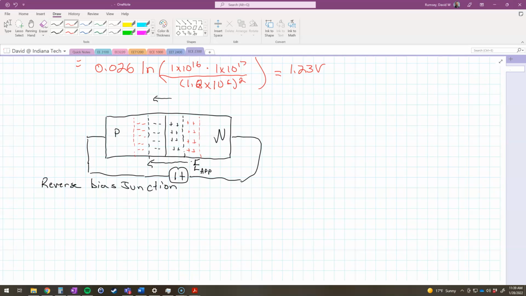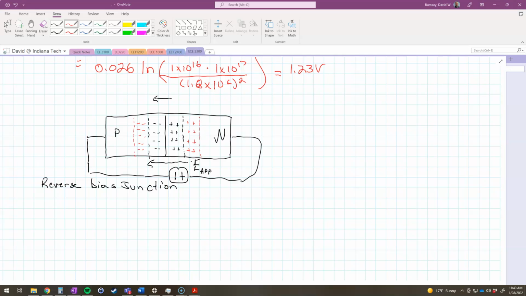So there's no free carriers in that depletion region, so essentially there's no current going on in that depletion region. And so we've made the depletion region bigger, but no current is going to be flowing through there.